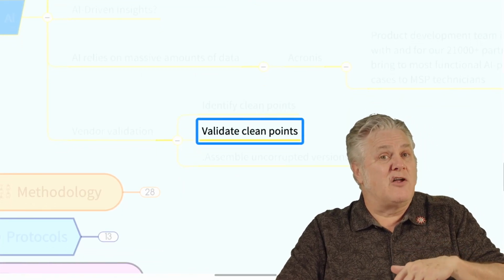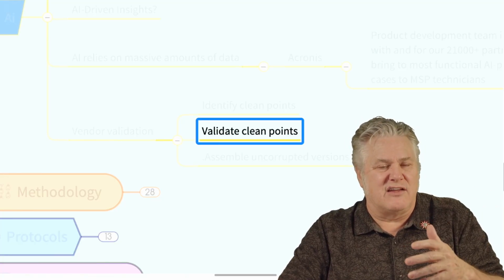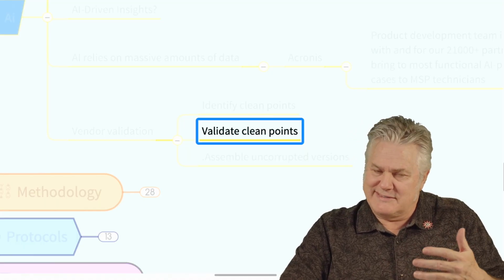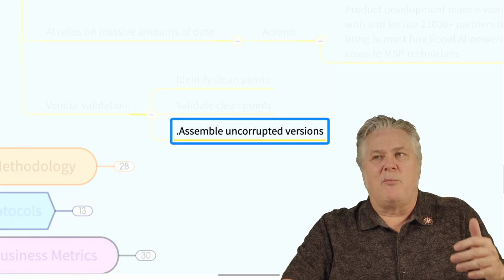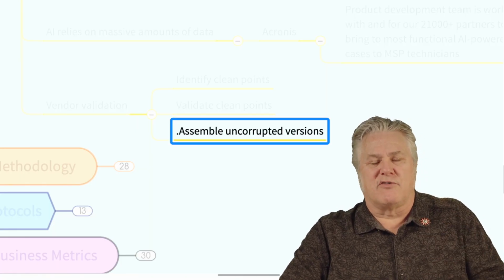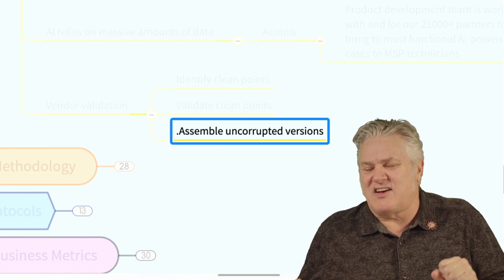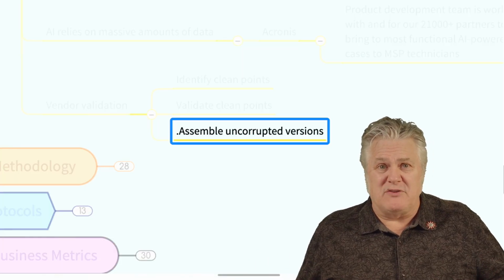Now, that could be done with something other than AI, but AI may assist in this to say, here's what it looks like. We still have to say, okay, we're going to validate that. They could help us assemble uncorrupted versions. Again, I don't think AI is doing this kind of thing, but it may. And so I'm open to it.